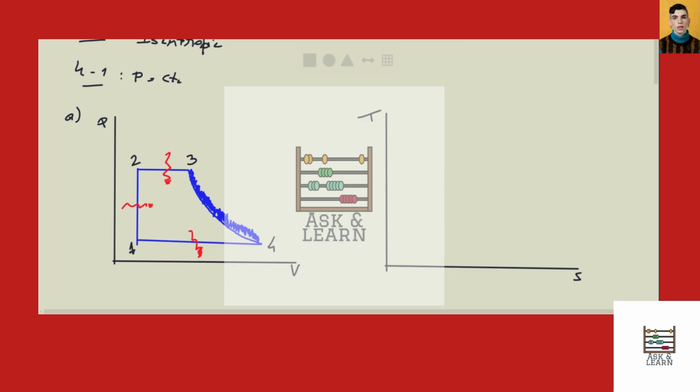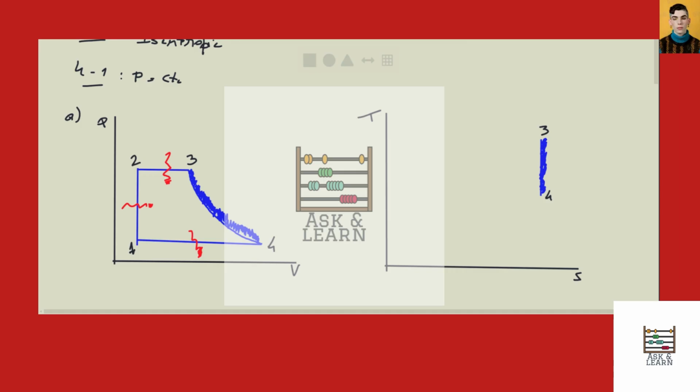Now let's look at the TS diagram. Well, we know that isentropic transformations are described by vertical lines in a TS diagram. So this is going to be the 3, 4. Okay, so here we have 3 and 4. This is the isentropic curve on the TS diagram.